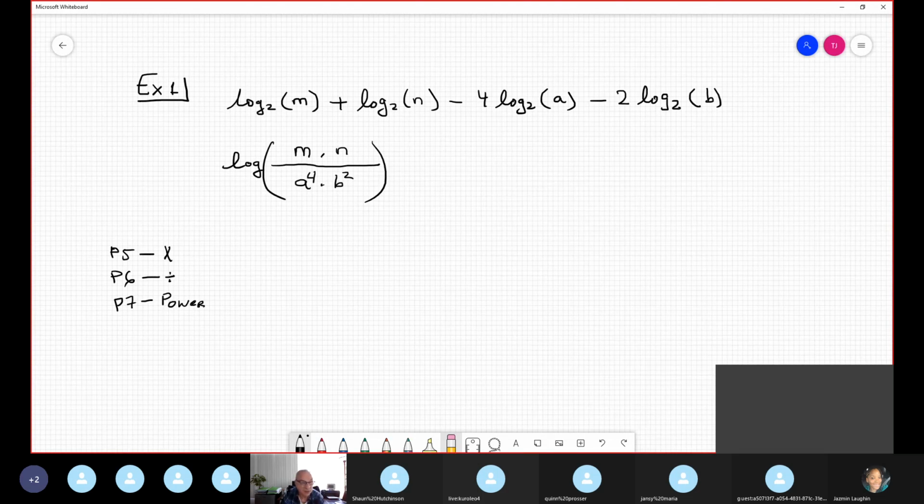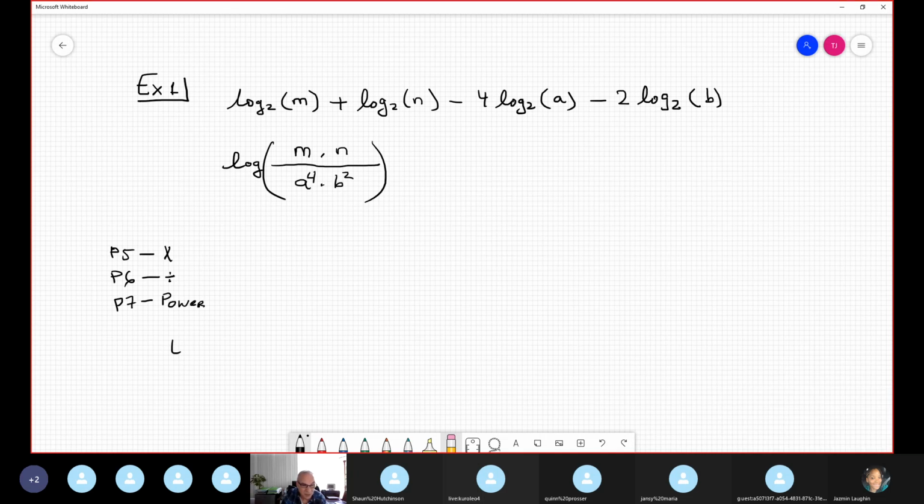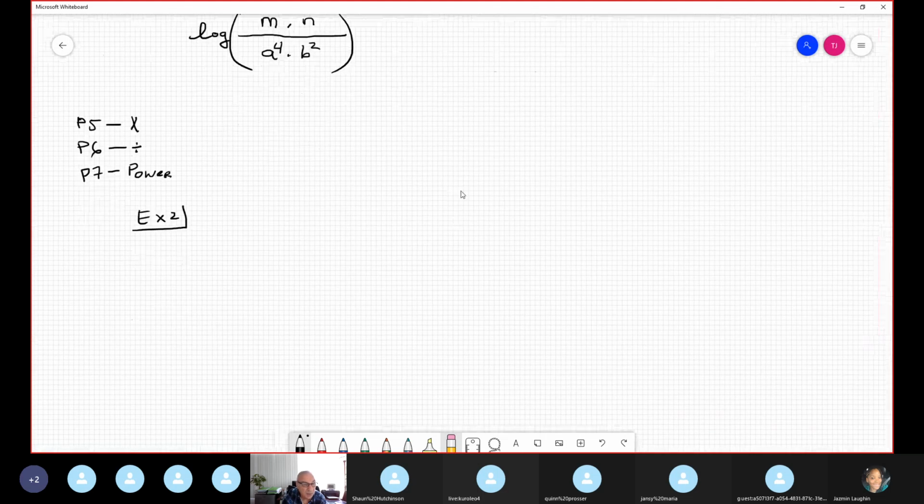Okay. Let's do it in the opposite direction. This is super easy. In the test, you see 2 questions like that, in which you condense it or expand it, depending on the problem.